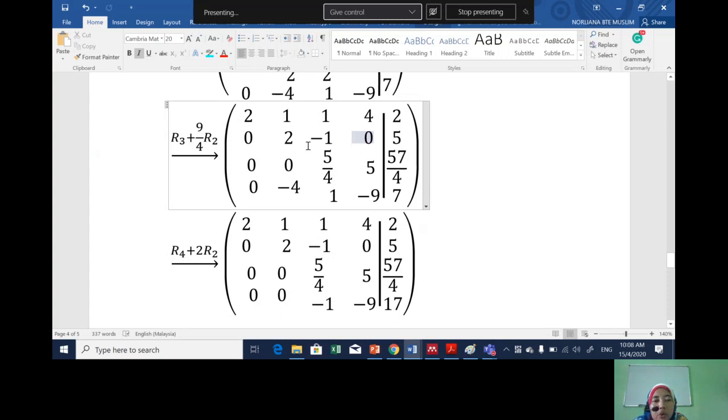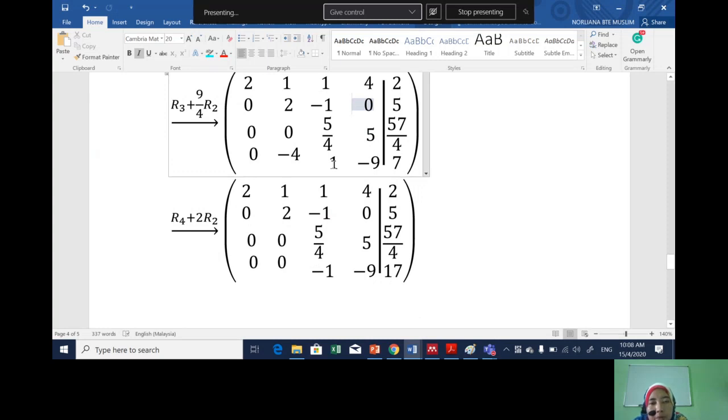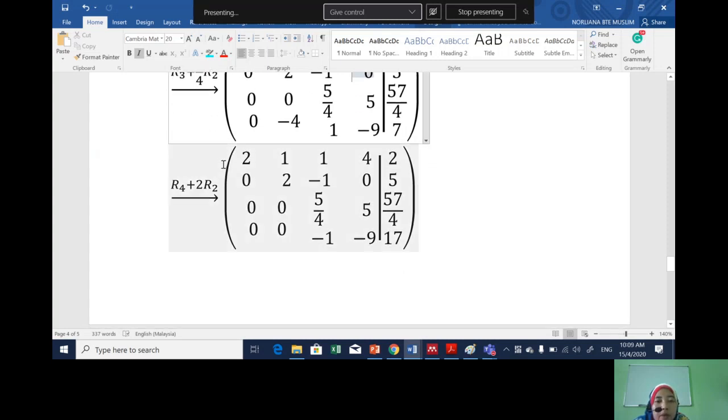To save time, you can combine if you are already an expert at doing the ERO. But if you want to be careful, you can do separately. So this is the resulting matrix.